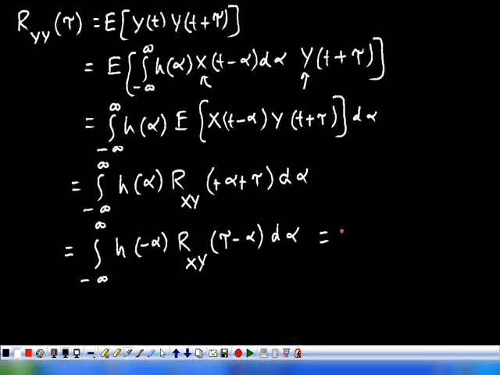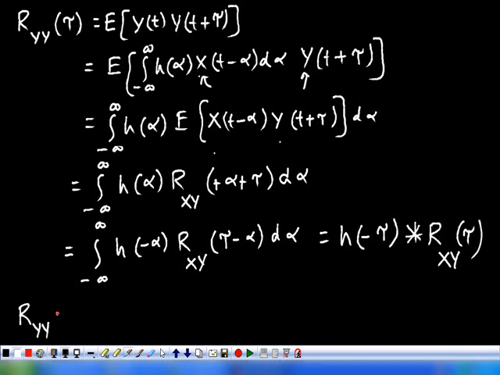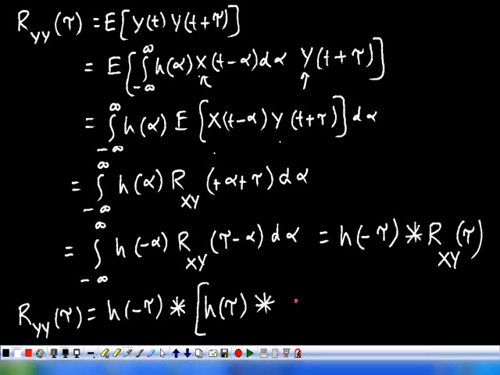Now this can be written as h of minus tau convolution with Rxy of tau. Then you can write this Ryy of tau is equivalent to h of minus tau convolution with, what is Rxy of tau? h of tau convolution with Rxx of tau.